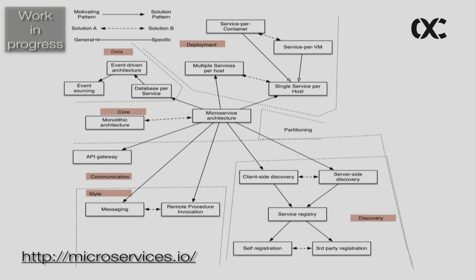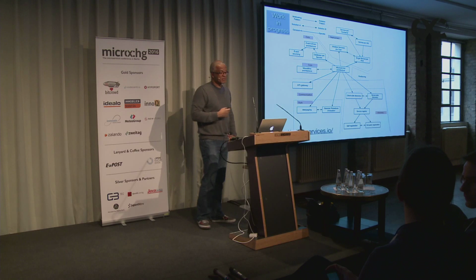Most of these patterns are at the deployment level, the infrastructure level, and they don't really impact the application developer that much. But I'm starting to work on application-level patterns. One of which is database per service.